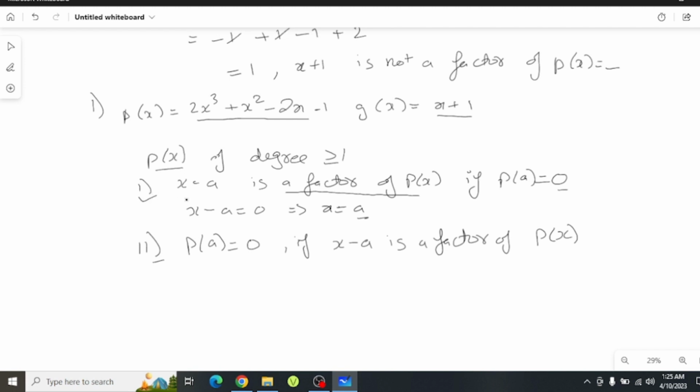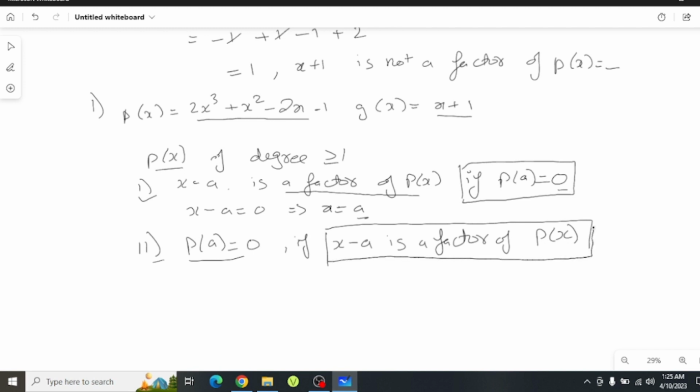In statement 1 we are saying x minus a is a factor of the polynomial if p(a) equals 0. Now we are saying that p(a) equals 0 if x minus a is a factor of the polynomial. You can note both of these points, then we will continue with our question.